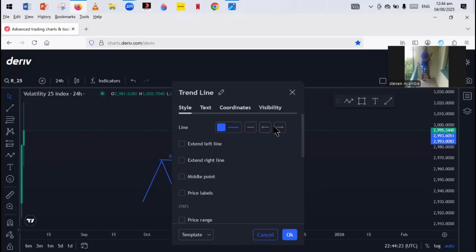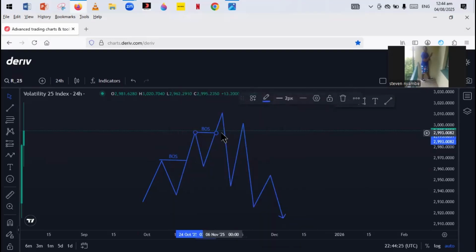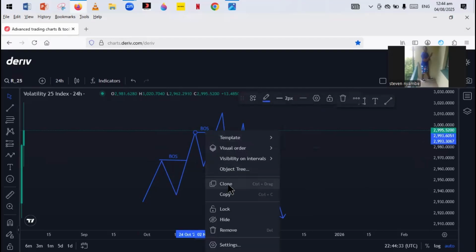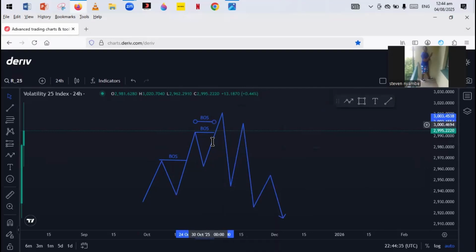Now the moment price breaks this higher low, that is an indication that price is about to change bias from buying to selling. That is a change of character.